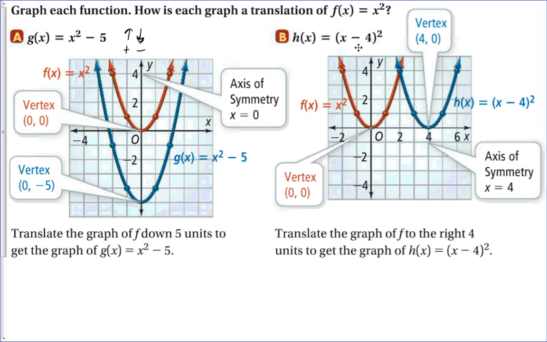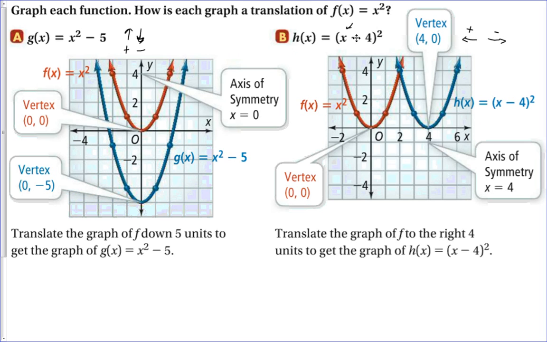Now, if we look over here, the 4 is subtracted directly from the x. It's in parentheses with the x. Anytime you have a number added or subtracted inside with the x, that means it moves left or right. If you're adding, it goes left. If you're subtracting, it goes right.